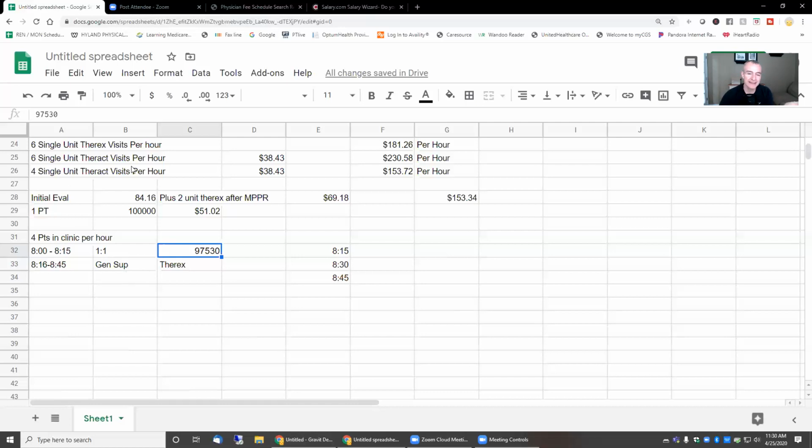Now, if we're looking at averaging $153, the cost of the therapist is about $50. The therapist is coming out $100,000 a year. Technically, this is all one-on-one care. Keep that in mind. Although you're looking at 4 patient interactions an hour, it's one-on-one care with each of those patients.